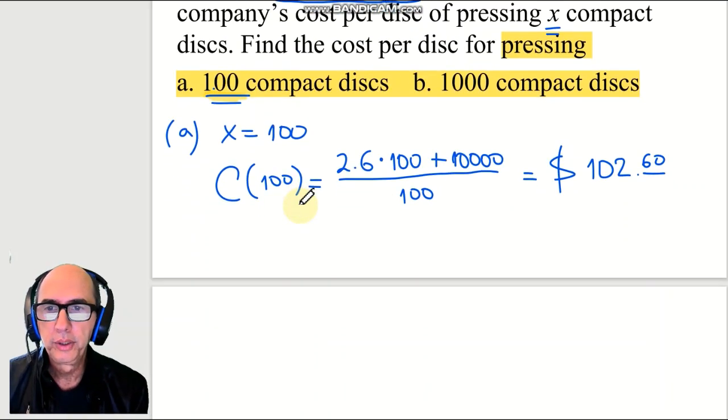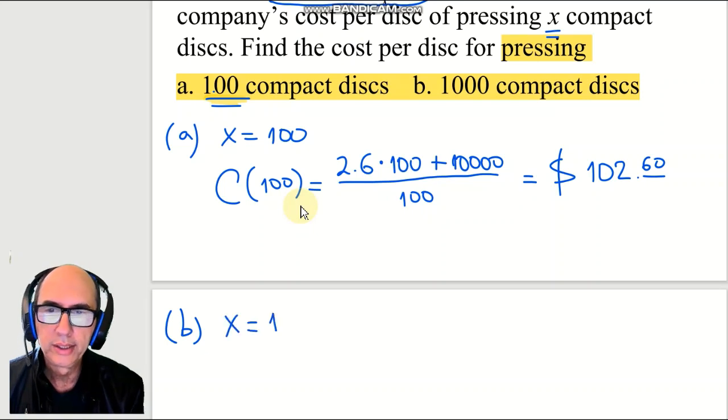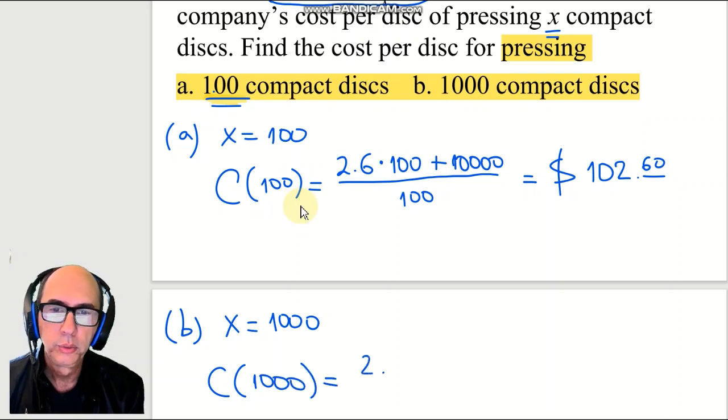If we want to find letter B, it's basically the same thing, but now x equals 1,000. And then plug in C of 1,000 equals (2.6 times 1,000 plus 10,000) over 1,000.